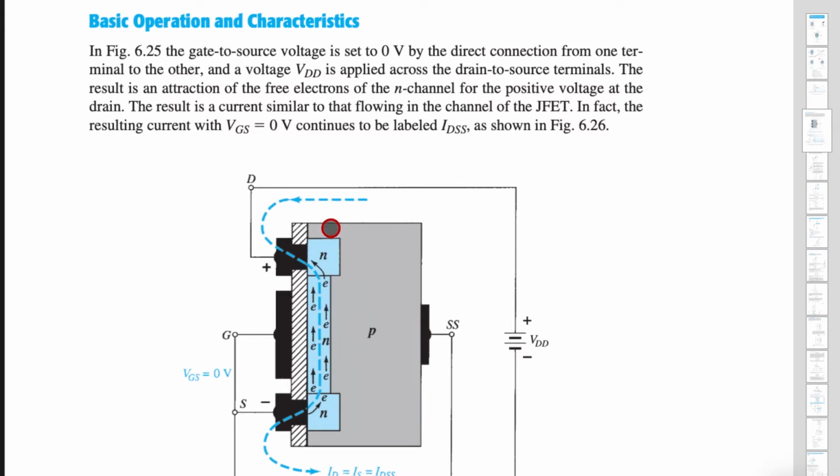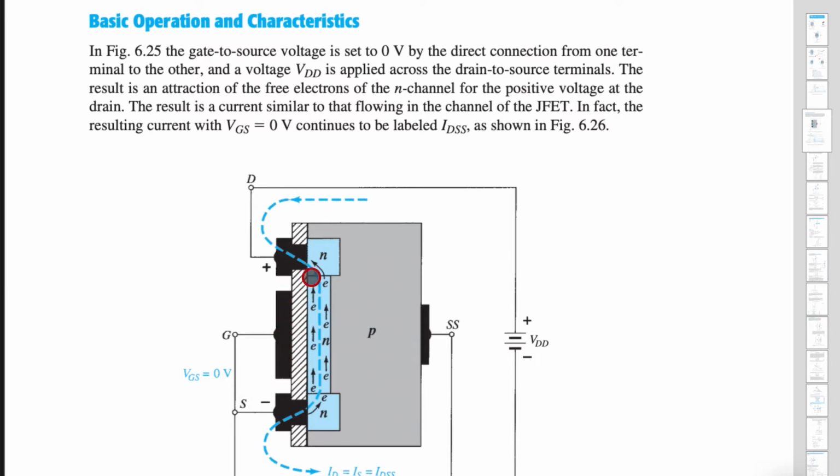In fact, you can see this is a single N material where one side of N material is connected to the drain, which is given to the positive VDD. The negative VDD, which is given to the source, is connected to the other side of the N type material. And electrons will flow from N to N, that is source to drain.